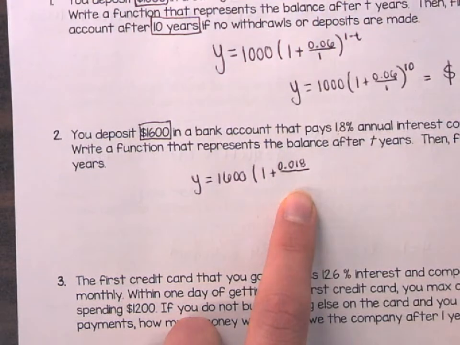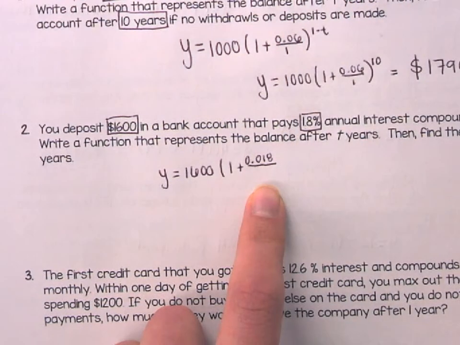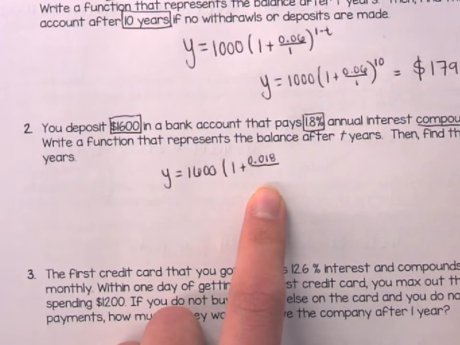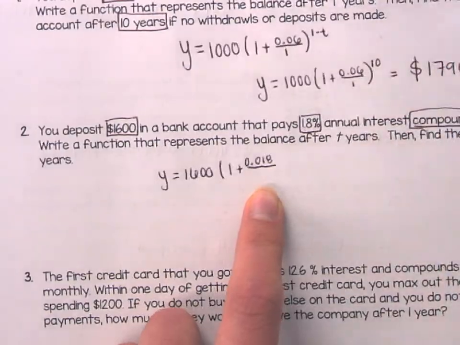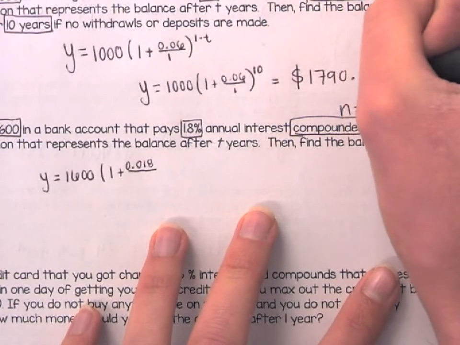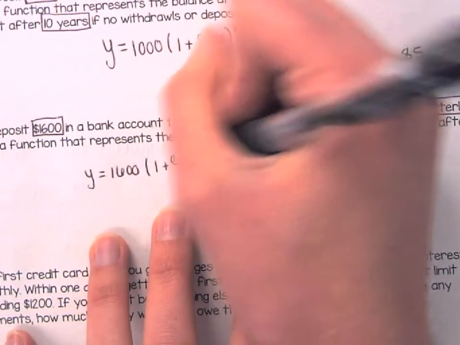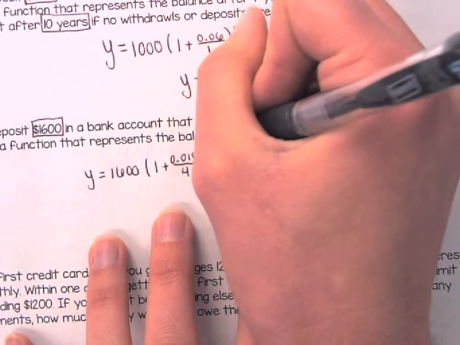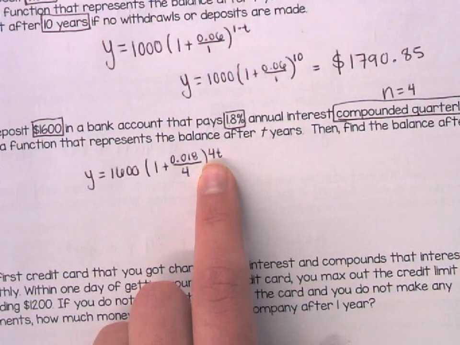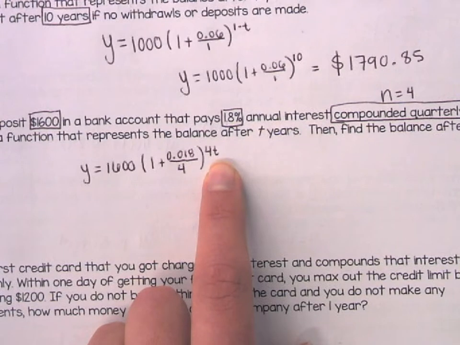We convert that to a decimal. Annual interest, and it's compounded quarterly. So that means it's going to compound 4 times during the year. So our n value is going to be 4. So right here we put a 4 under our fraction and 4t up here. 4 for our n value, and t is just our variable that we plug in.